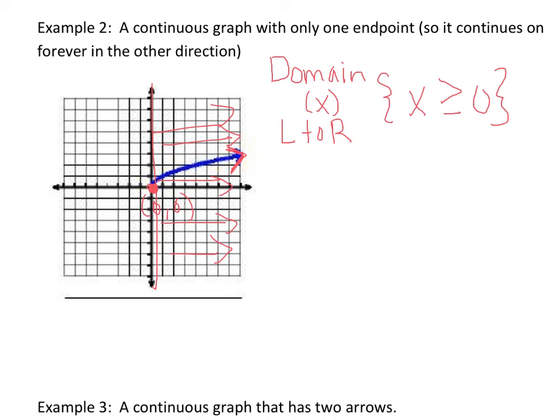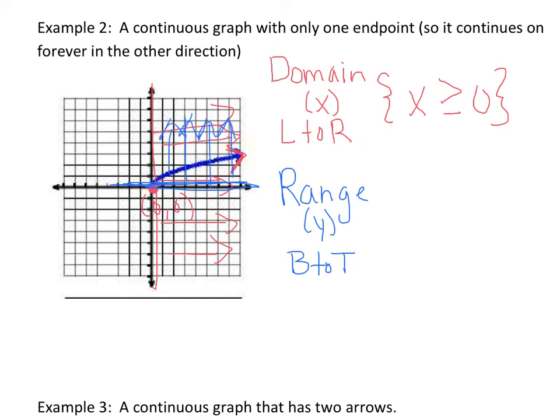Now, when you're looking at the range, now you're looking at the y values. So that is from the bottom to the top. So at the bottom, that's at 0. But if you look at your graph, it's everything above that 0. So it's everything up here.